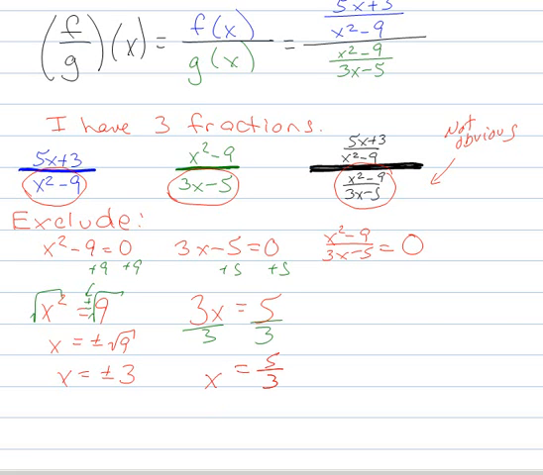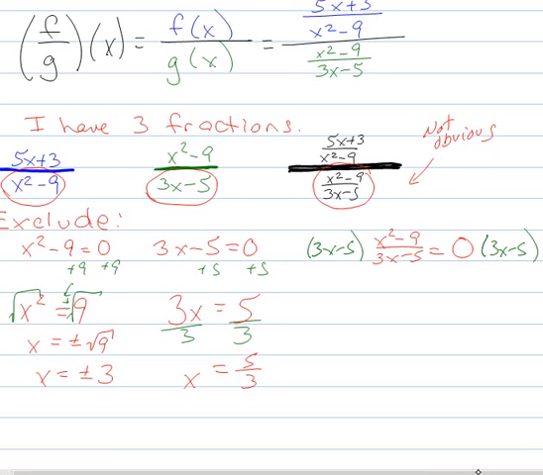All right. Now this one's actually not going to be as bad as it turns out. I'm just going to write it. Let's see, I'm going to scoot it over a little bit so we have a little bit more room. All right. So how do I want to get rid of that 3x minus 5 on the bottom? Multiply both sides by 3x minus 5. Is that really what I want to do? Yes. Okay, I'm convinced.